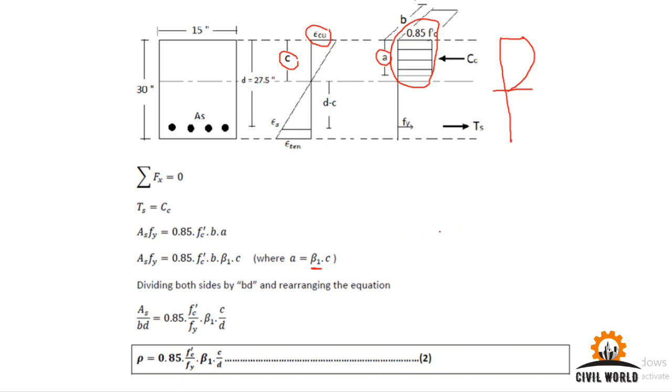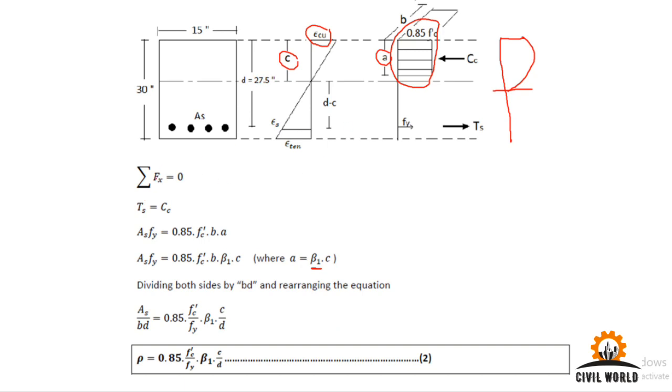It means for 5000 psi concrete, beta 1 will be equal to 0.8, and for 6000 psi concrete, it will be 0.75, but the minimum value is 0.65. It means at 8000 psi concrete it will reach 0.65, but even for 9000, 10,000 psi or greater compressive strength concrete, you have to use a value of beta 1 equal to 0.65.